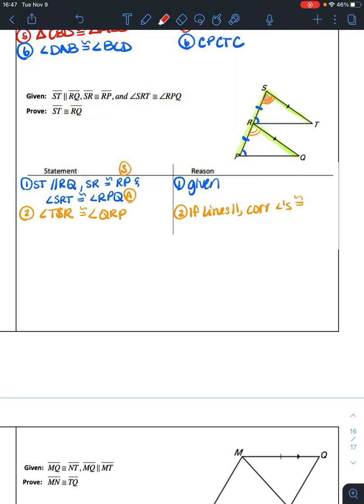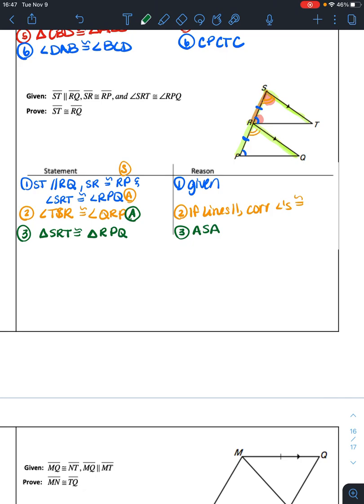So now if you look, I've got an angle and a side and an angle because I have my three pieces, right? So I had two angles and a side. So the question is, is it angle, side, angle? Or is it angle, angle, side? So now I can say that triangle SRT is congruent to triangle RPQ because of angle, side, angle.